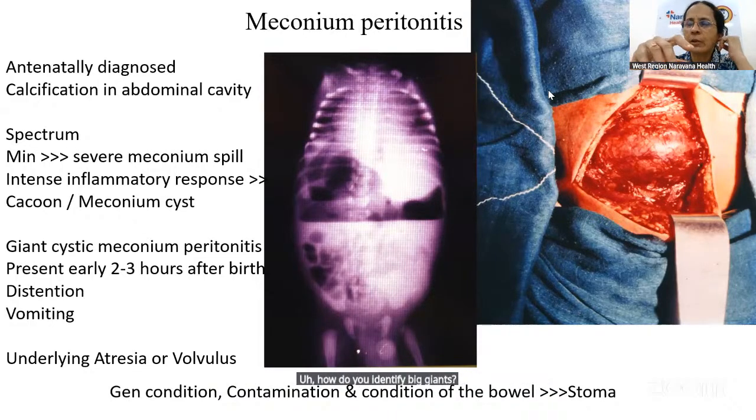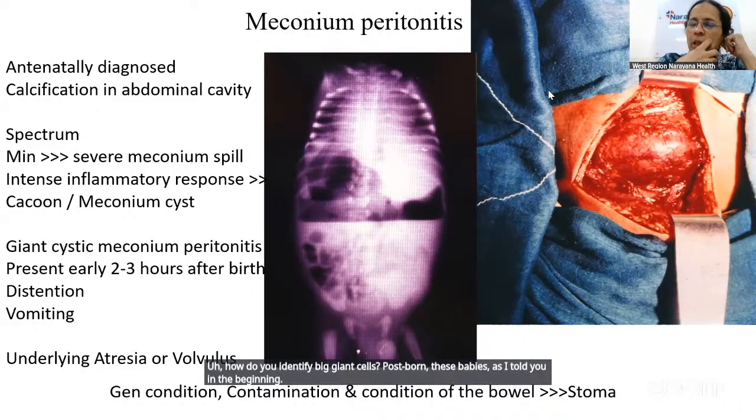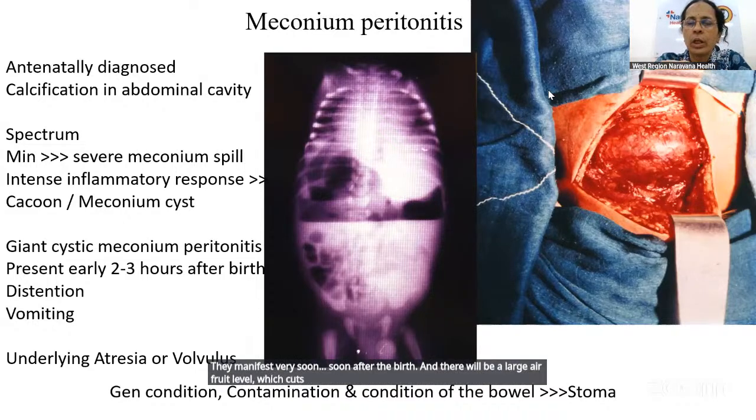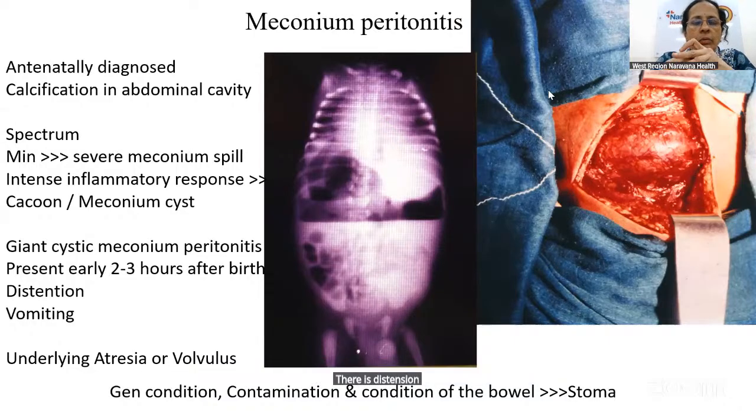Post-birth, these babies, as I told you in the beginning, manifest very soon after birth, and there will be a large air fluid level which cuts across more than half of the abdomen, suggestive of giant cystic meconium peritonitis. There is distension, and I've put a slide of an intraoperative photo where, as soon as you open the abdomen, you can see the cyst wall studded with calcification, and you can't see any intestine.